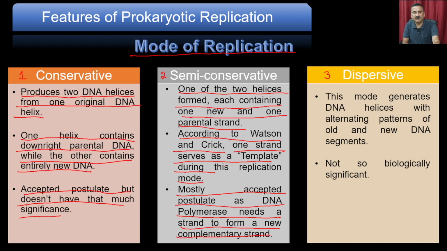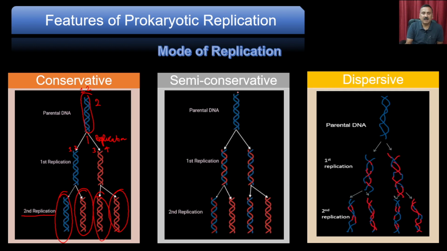So, what is meant by the semi conservative mode is that from the parent DNA, for example, you have the parent DNA as 1 and 2, it is actually going to do the replication, and once you do the replication, it is actually going to form the 4 copies, like 1, 2, 3 and 4.